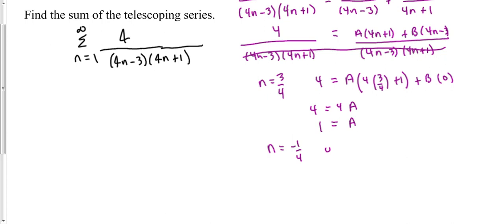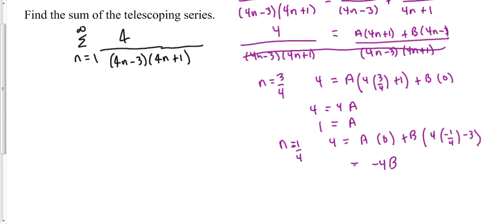Then we're going to have 4 equals, this time, A times 0 plus B times (4 times negative 1/4 minus 3). This is going to give us negative 4B equals 4, or B is equal to negative 1.